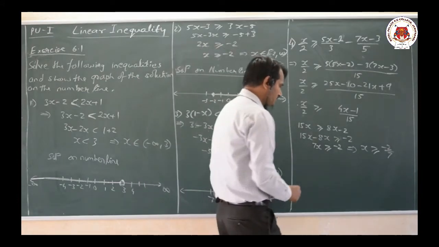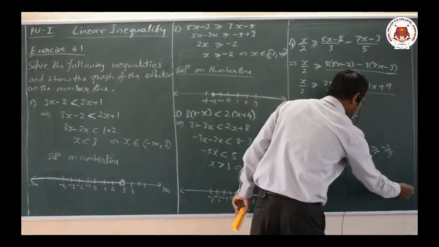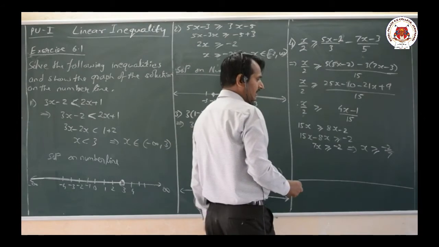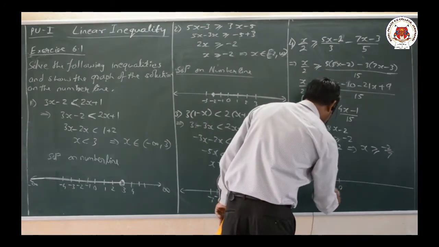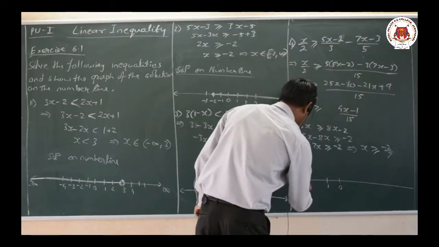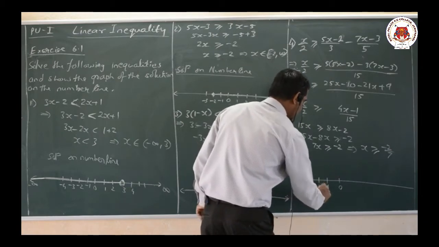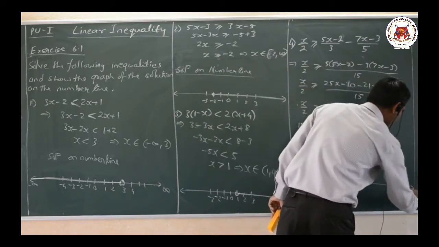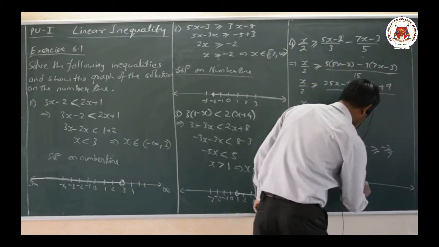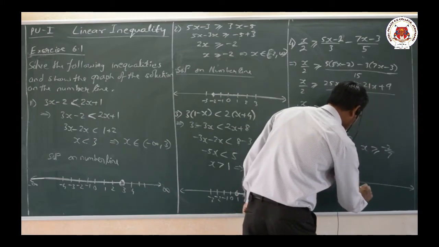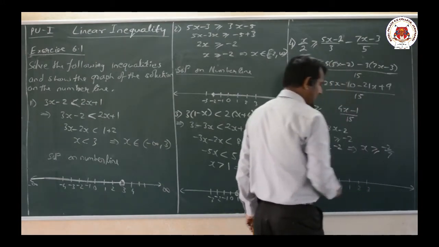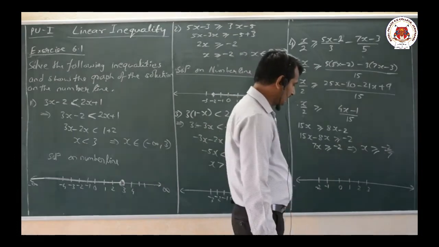Okay, and we have to solve it. That is very simple. At last on the number line, its value is 0, 1, minus infinity, 2, and minus 1, minus 2, 1, 2, 3, and so on. It is greater than or equal to minus 2 by 7.